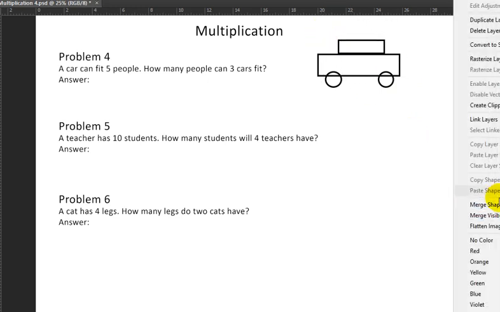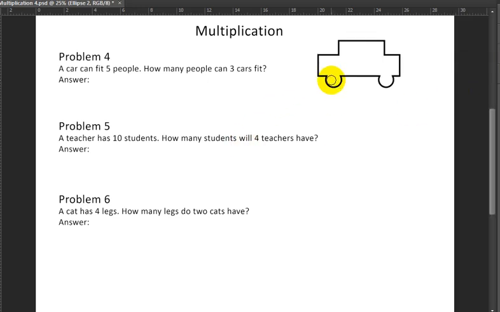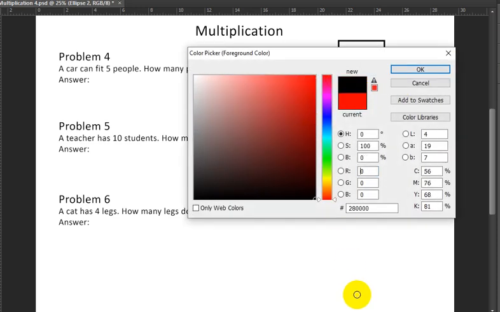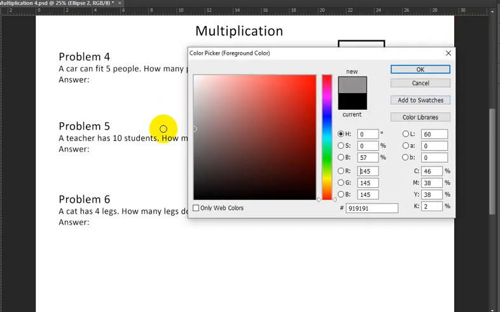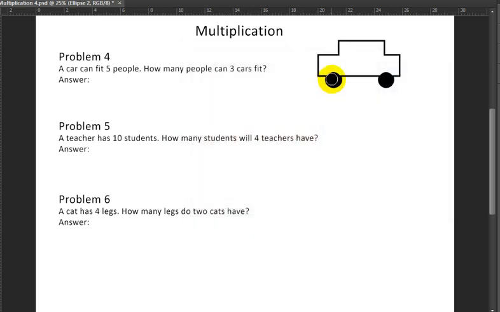That's our car. And we're being told that it can fit a total of 5 people.